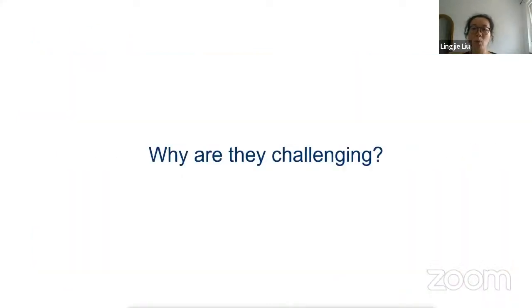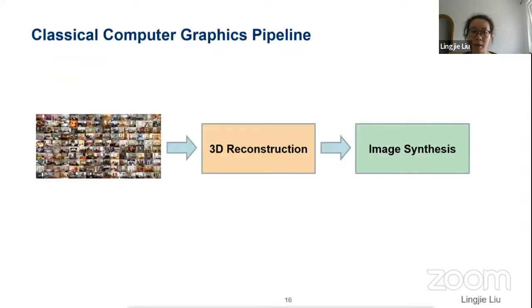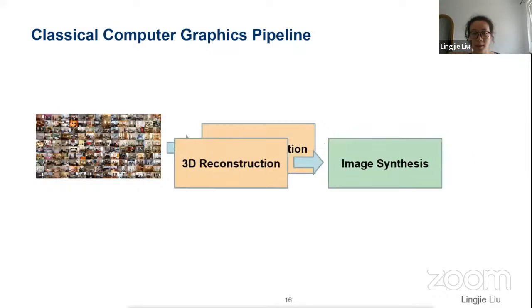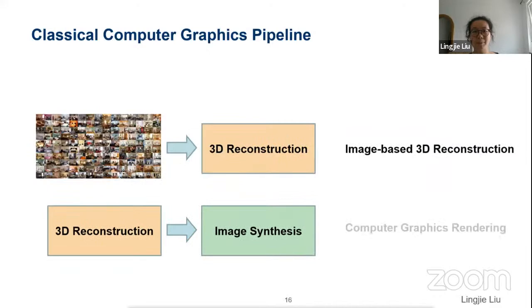Now I will explain why these goals are challenging. Modeling and rendering real-world things are two key problems in computer graphics and have been explored for decades. The classical computer graphics pipeline solved this as two separate problems.